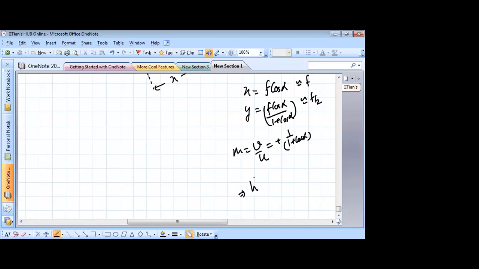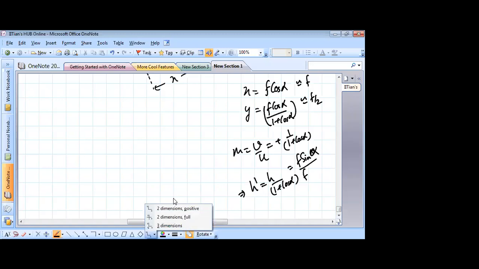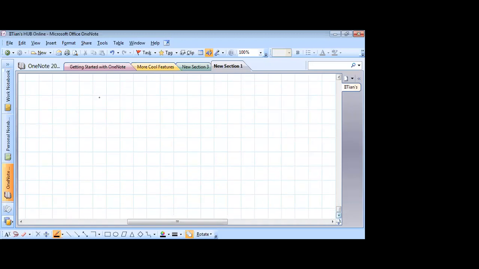So h prime will be equal to h into, so it is f sin alpha upon 1 plus cos alpha. So anyway, your final ray diagram will look something like this.